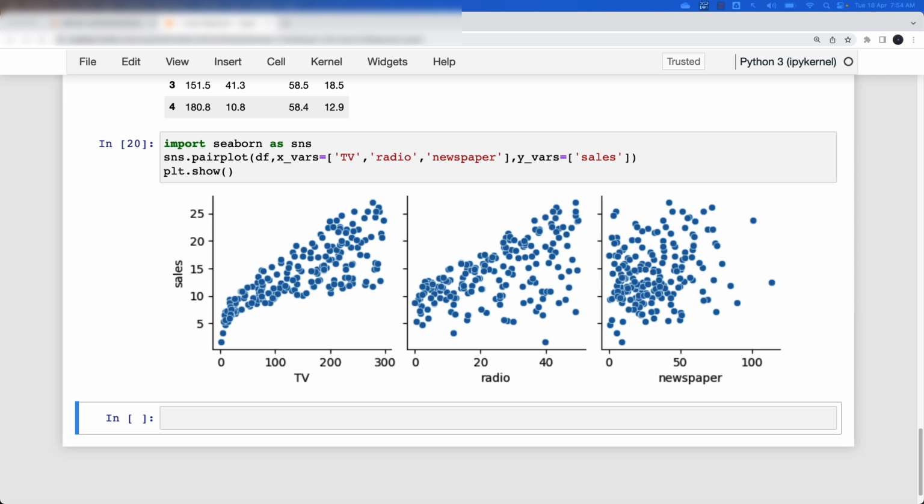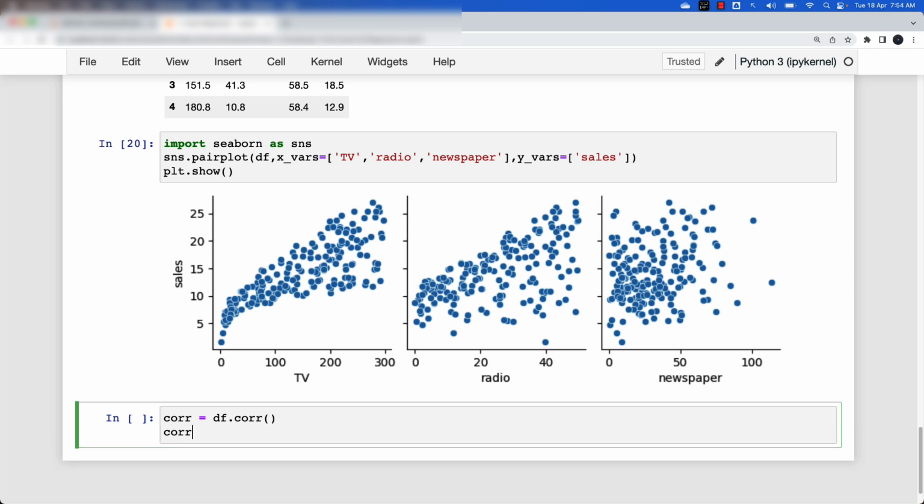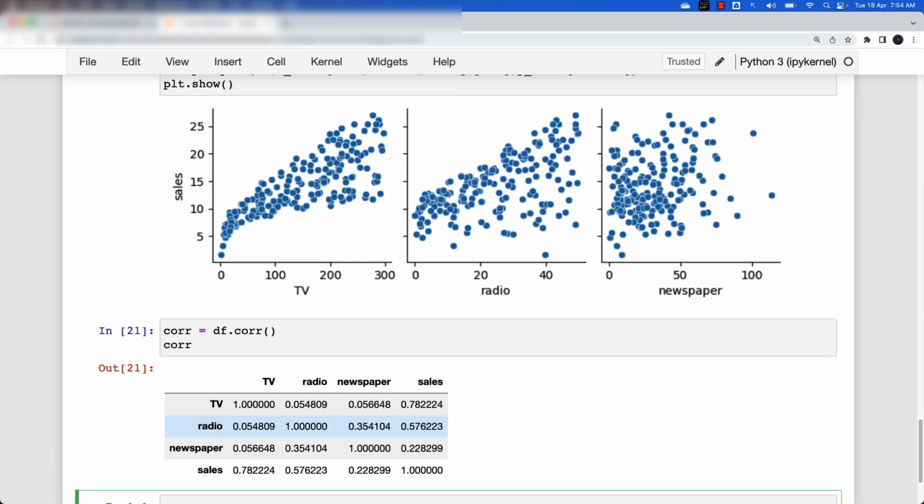Now this is a visual method. Apart from that, if I want to look into the numerical method, we also have the Pearson correlation coefficient. So I can create a matrix like this. I'll say df.corr, which will help me to get the correlation coefficient between the variables.